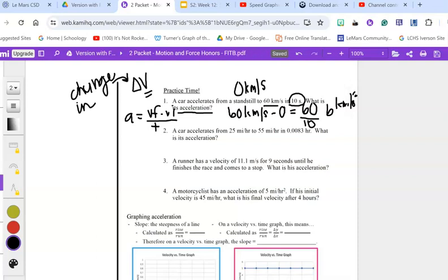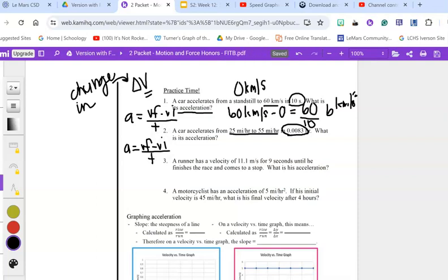Okay, number 2. A car accelerates from 25 to 55 in 0.0083 hours, which is a really small amount of time. So now, what is its acceleration? A equals VF minus VI divided by T. So change in velocity.